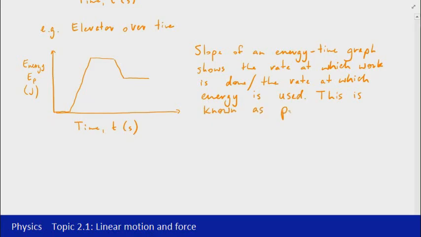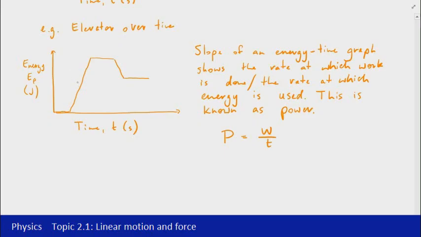Now, power is not a concept that we need to go into in lots of detail here, but I'm just mentioning it because it is an important one to consider in this sort of context. We can consider then that power is the work done over time. And if you look at the energy versus time graph, you can see the work being the change in the vertical axis, time being the change in the horizontal.